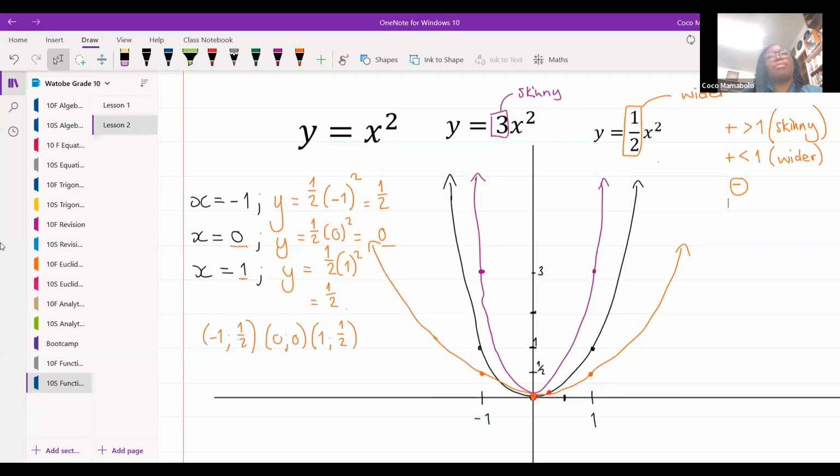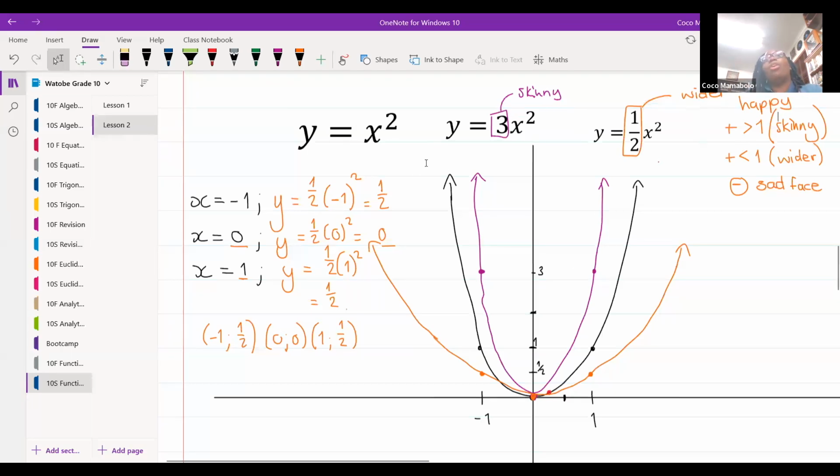It will become a sad-faced parabola. Good. All of these positive ones are good, in quadrant 3 and 4. Excellent. Well done.